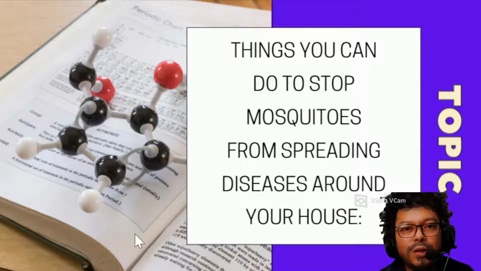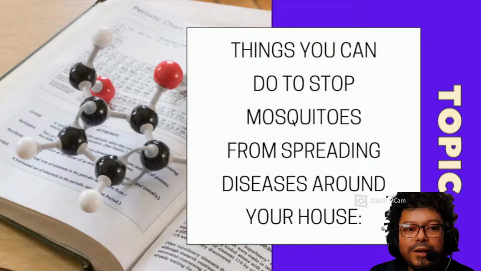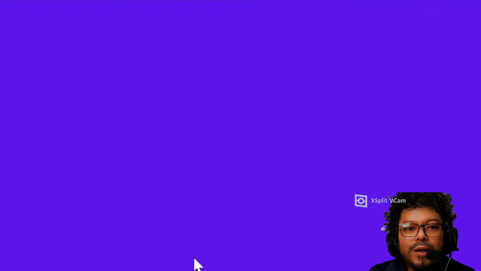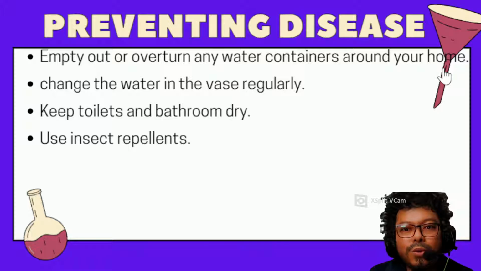Now there are two types of diseases that we have learned, that is malaria and dengue. Okay. So in order to prevent disease by mosquitoes, we empty out or overturn any water containers around your home.